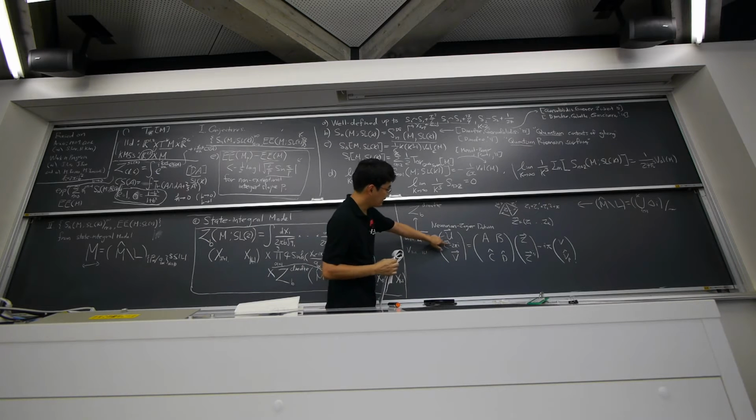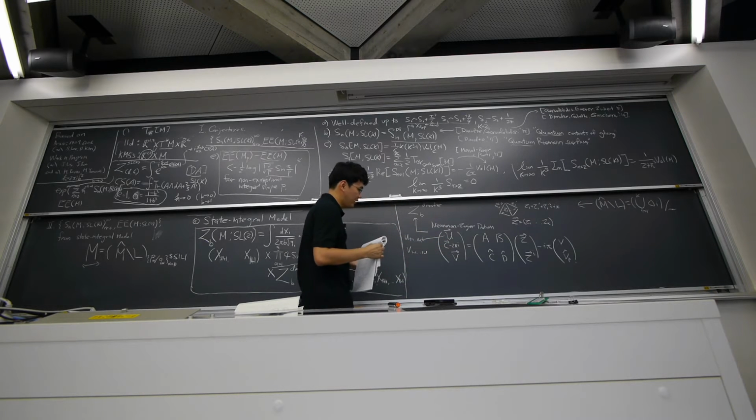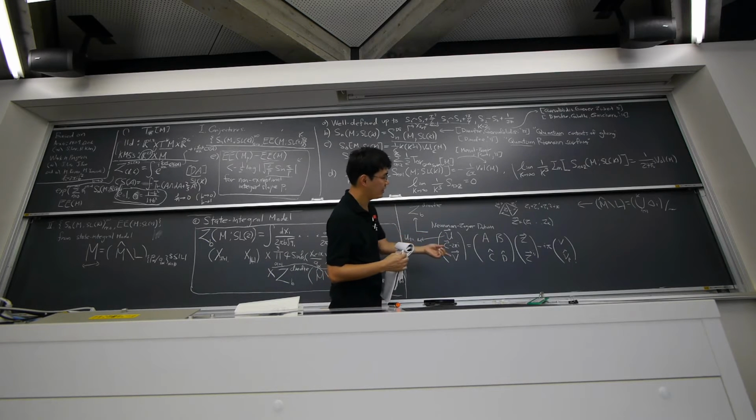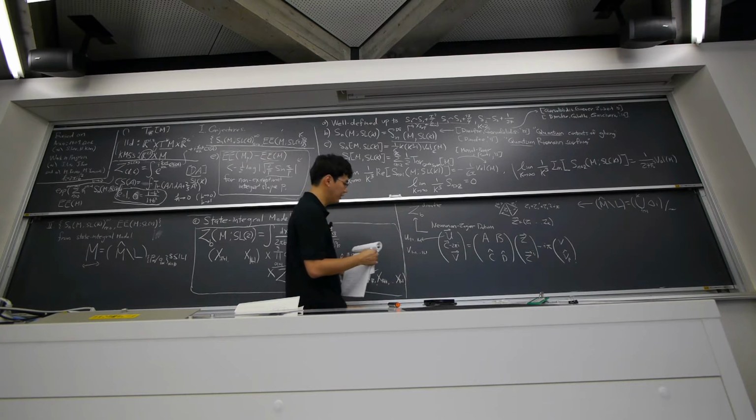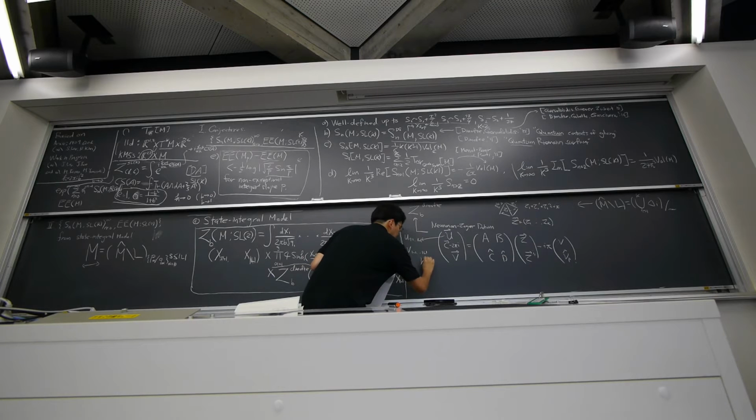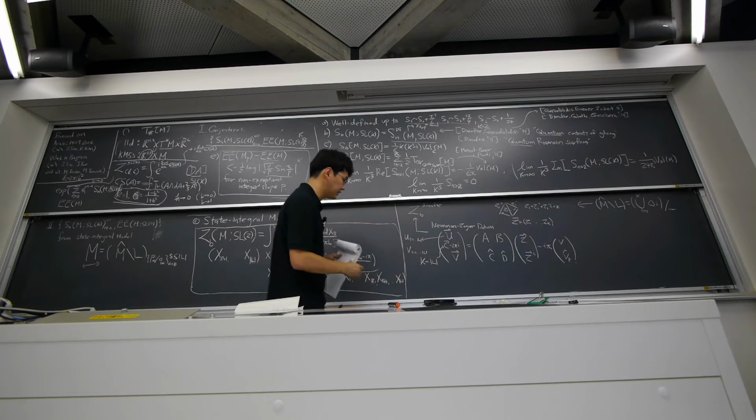And the C is internal edges, and in general there are K internal edges, but not all of them are independent, only K minus L are independent. So this is the K minus L internal edges.